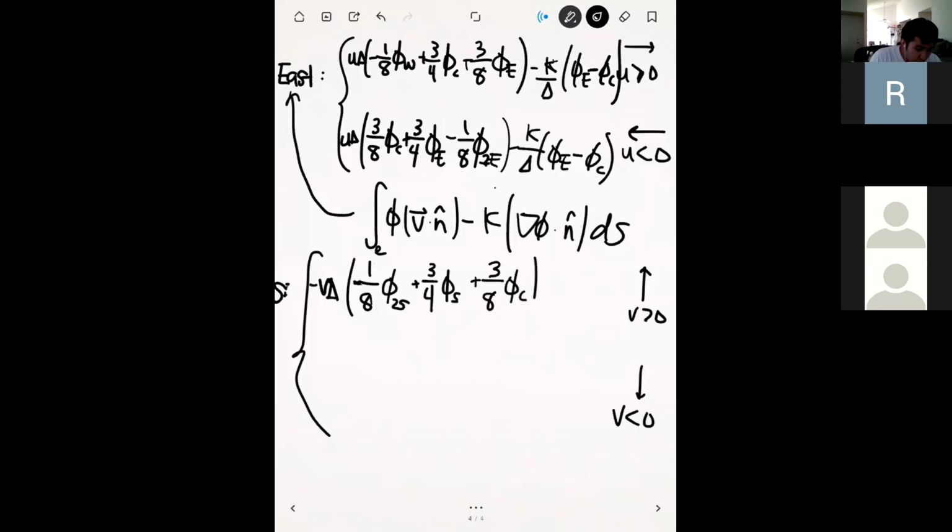Then we have a plus 3/4 phi sub s plus 3/8 phi sub c. Then we have a plus k over delta times phi sub c minus phi sub s. Right, so then if v is less than 0, we're going to involve the north neighbor.